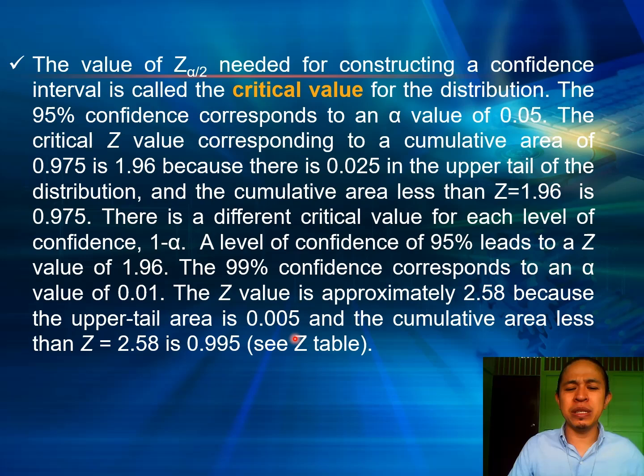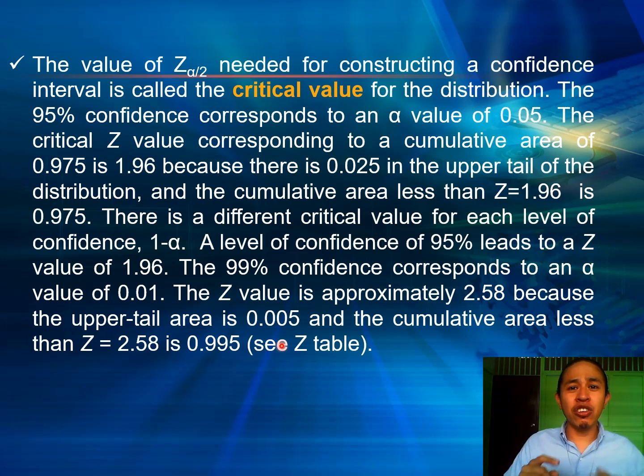Sir, where does the 0.005 come from? Okay. Right? The confidence level is 99%, meaning the critical value is 1%. If you convert 1% to decimal, that is 0.01.